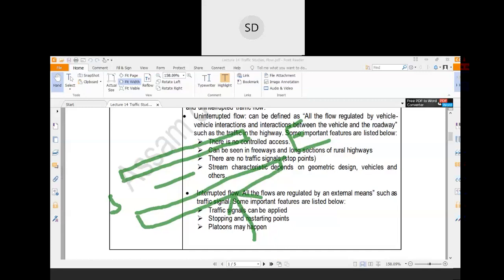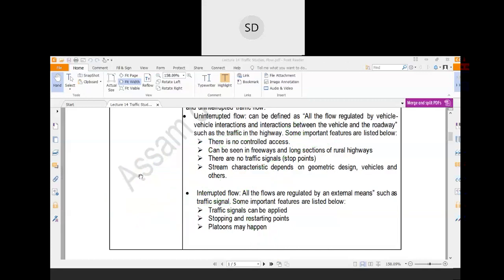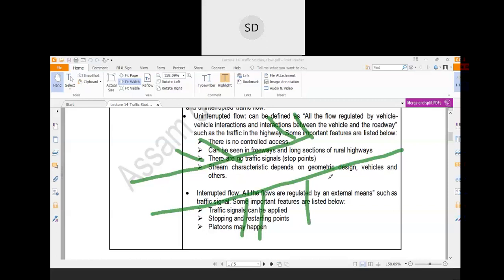Now suppose there are different control accesses, meaning the road is connected by other small roads at different locations. In that case, vehicles from different small paths will easily access the main highway and interrupt the vehicles already on the existing road.